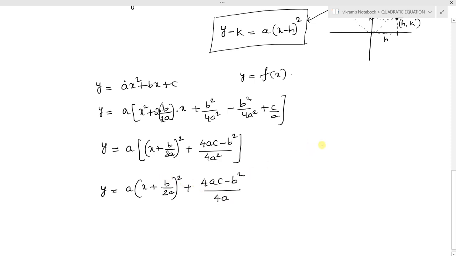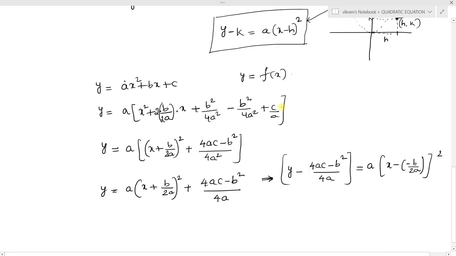Now if we further write this as y minus (4ac minus b square) by 4a, which equals a times (x minus of minus b by 2a) whole square.